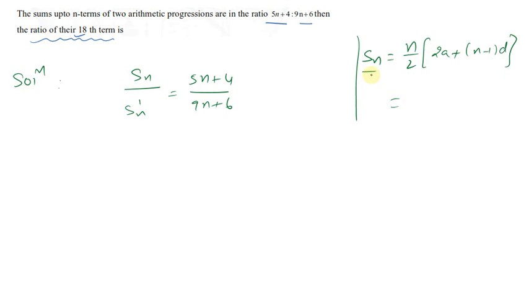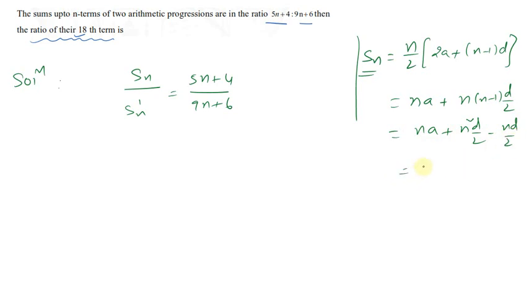So Sn should always be a quadratic. We could not expect it as a linear. So n by 2 into (2a plus (n minus 1) d) is nothing but na plus n into (n minus 1) into d by 2. So that is na plus n square into d by 2 minus nd by 2.